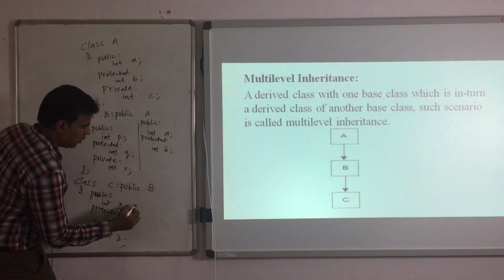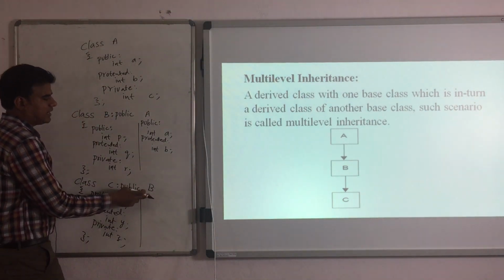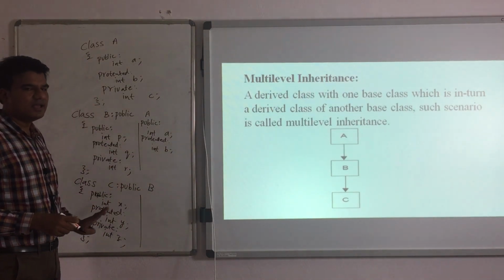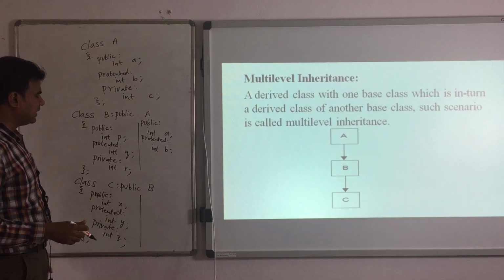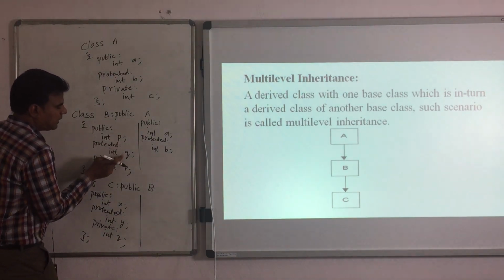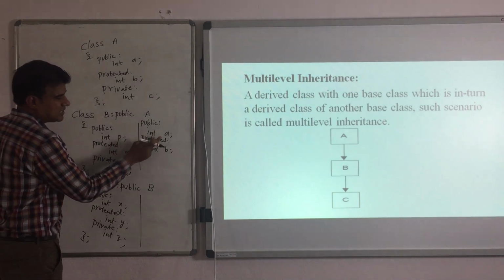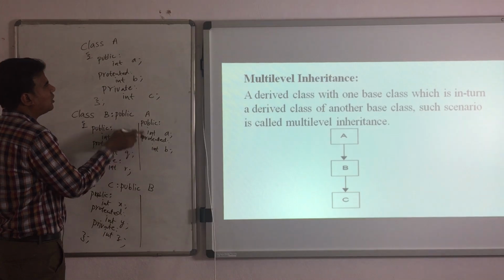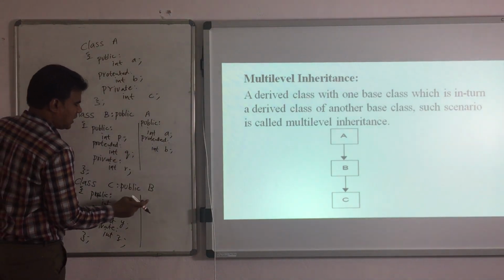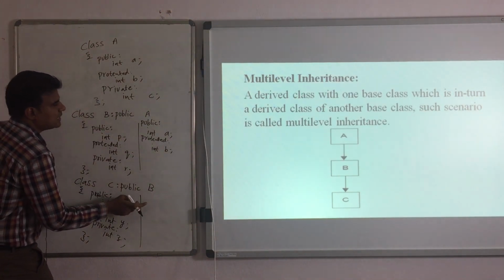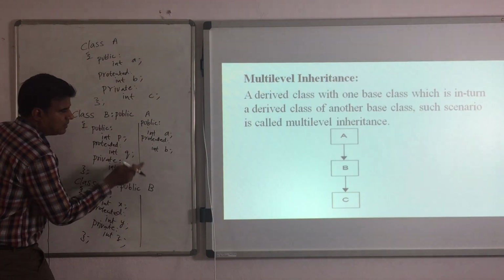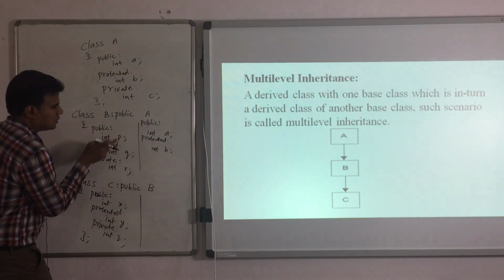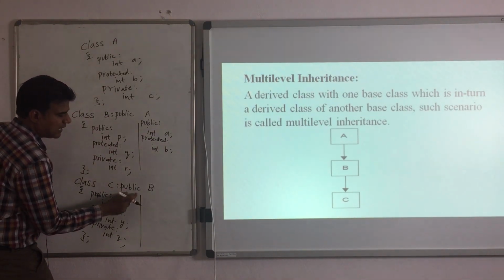Next, into the C class, what data members of the B class will I inherit? In B I have P, Q, R, and we have to consider A and B also, because B class got them from A class. So what data members will I get from B class? This P I will get because it is public, and here my mode of inheritance is public.